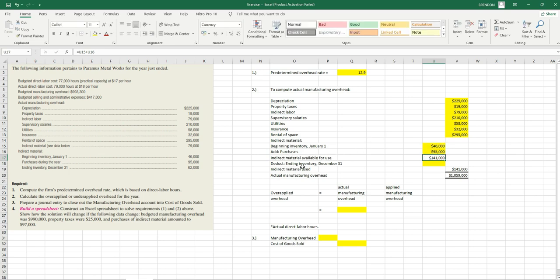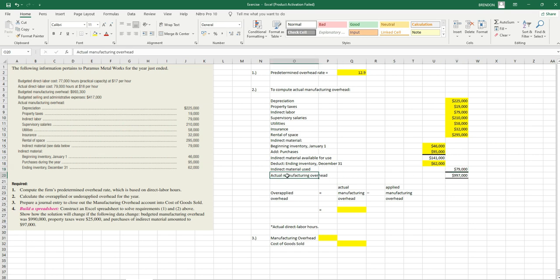We deduct ending inventory December 31, which is $62,000. We get the indirect material used. The formula is indirect material available for use less the deduction of ending inventory December 31 will give us $79,000.